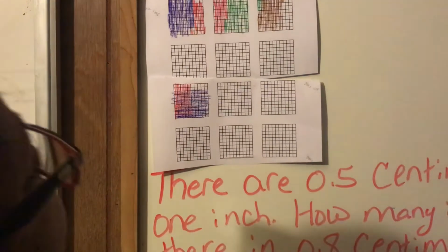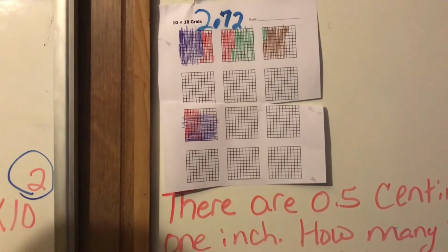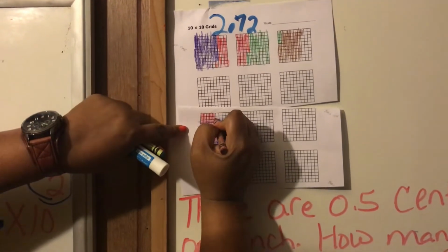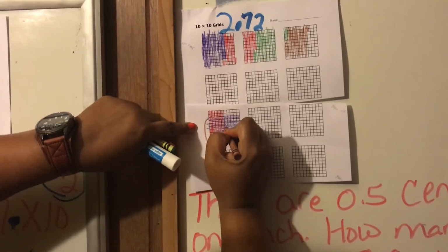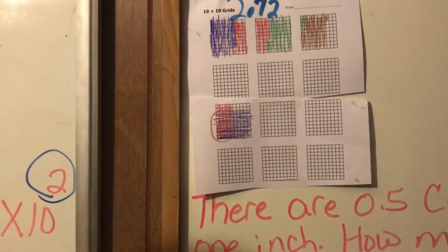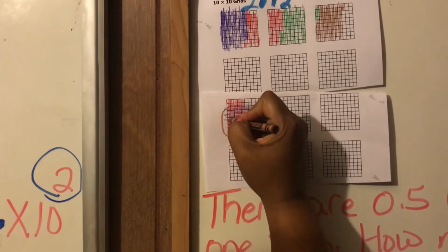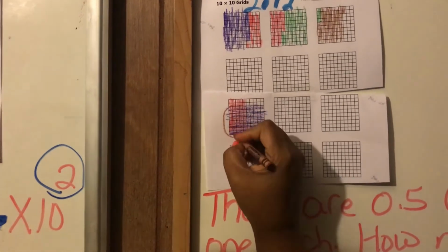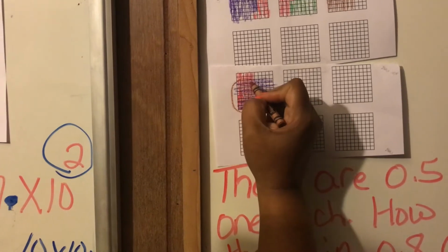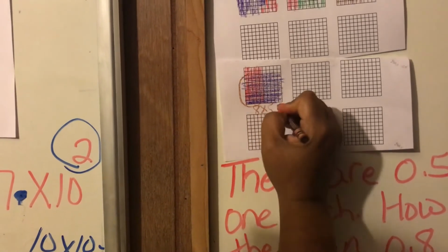Now looking at this, you're like, okay, Miss Sims, what is that? You just made a whole bunch of mess. But actually I didn't, boys and girls. Let me show you. This piece that's overlapped right here is actually your product. So let's count it using the array method. 1, 2, 3, 4, 5, 6, 7, 8. That's 8. 1, 2, 3, 4, 5 times 5, which equals 40.